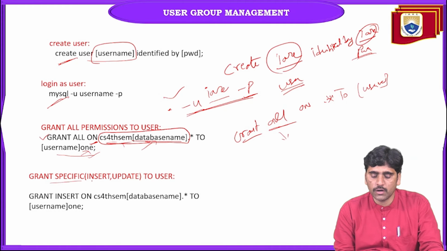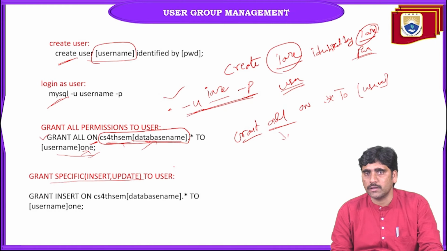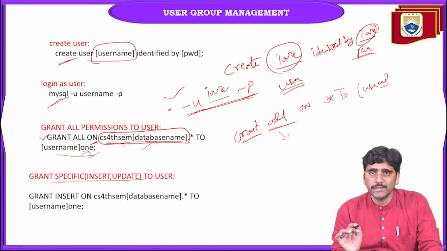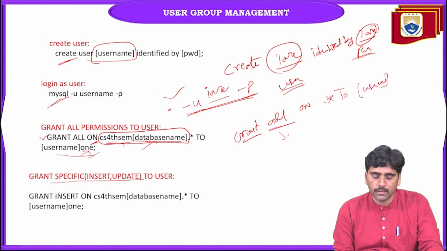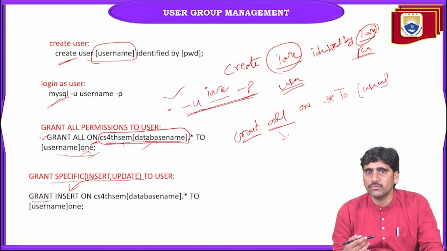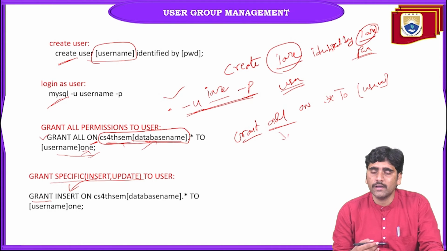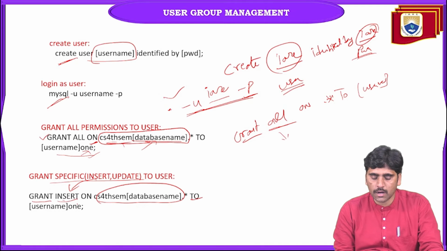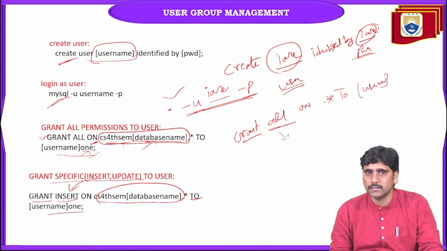And if you want to grant specific permissions to the user, you can use GRANT with a specific permission. For example, I want to grant insert or update to the user. Then you write insert, update on database name dot star, as usual, and then give the username.